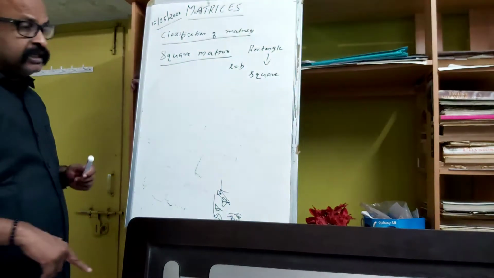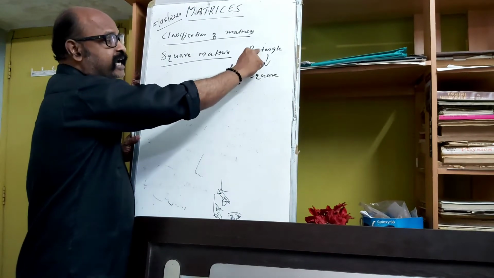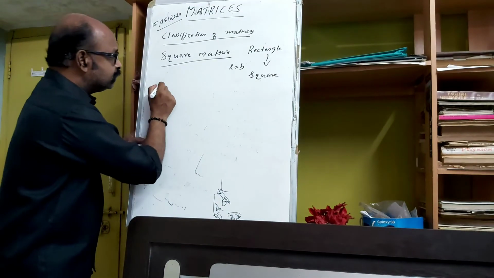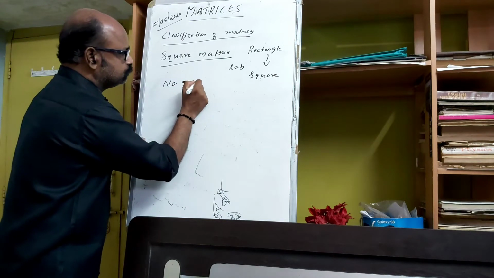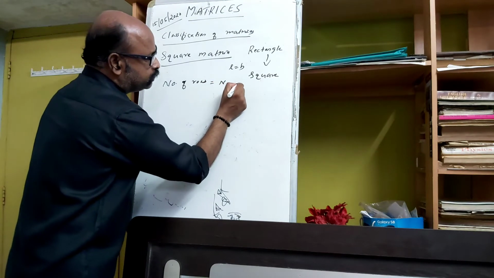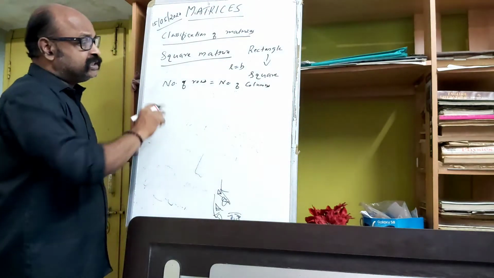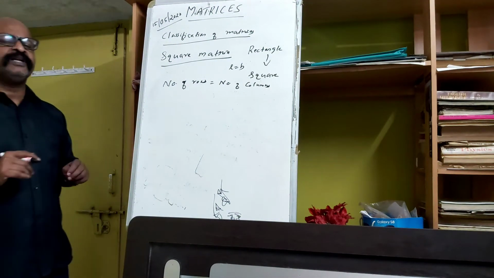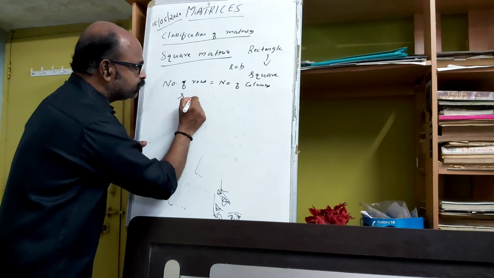So when length becomes equal to breadth, a rectangle becomes a square. In the same manner, when the number of rows is equal to the number of columns, the matrix, no need to say rectangular matrix, we can simply say the matrix becomes a square matrix.